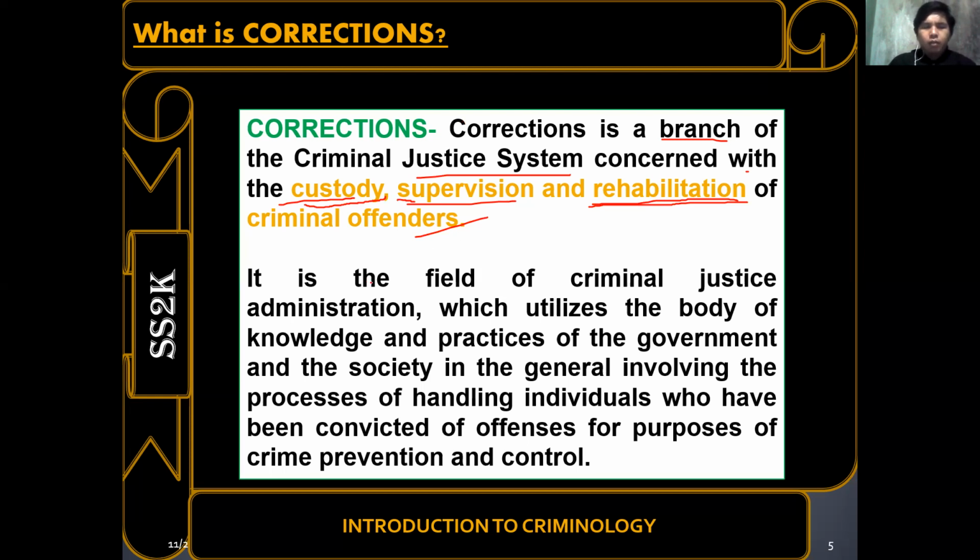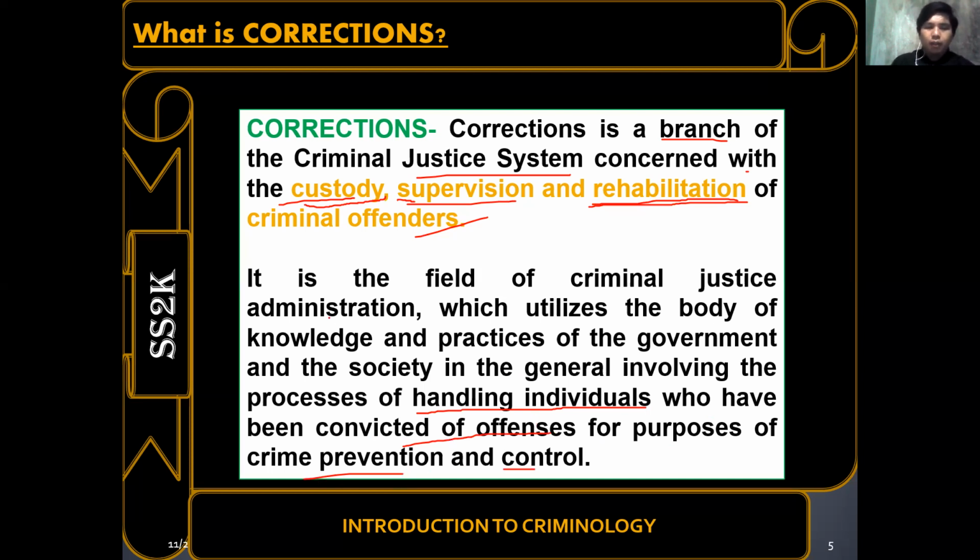Okay? So correction, it is the field of criminal justice administration which utilizes the body of knowledge and practice of the government and the society in general, involving the process of handling individuals who have been convicted of offenses for purpose of crime prevention and control.